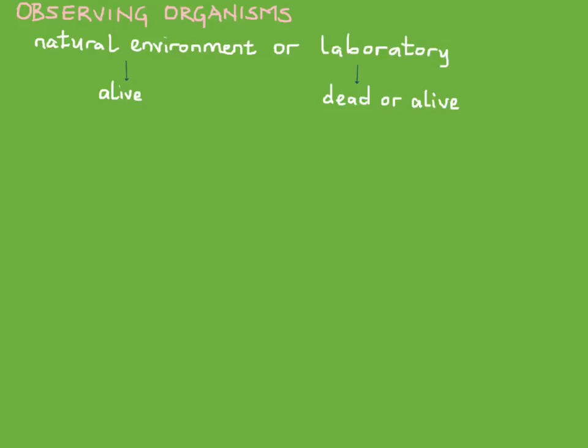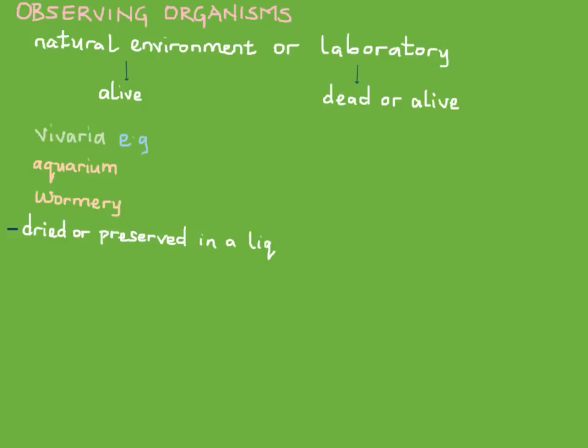Organisms can be kept in the lab in special cases or vivaria, such as an aquarium for keeping aquatic animals or a wormery for keeping worms. Some organisms might be dried or preserved in a liquid. Samples may be collected and preserved for future study.